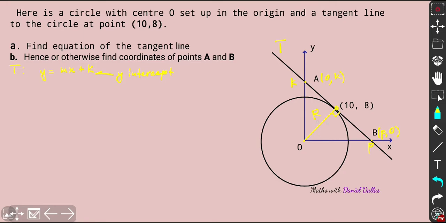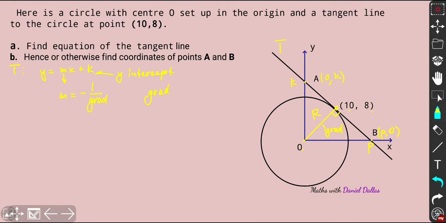That means the gradient of the tangent line is the negative reciprocal of the gradient of the line that contains the radius as a segment. So we can write it as negative 1 over the gradient of the line that goes through (0, 0) and (10, 8).